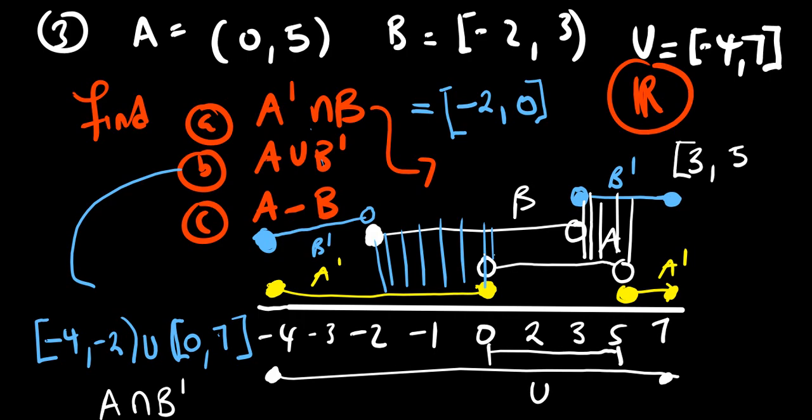Okay, then is 5 included? 5 is found in B, but it's not found in A. So I'm going to open, because we're trying to find the intersection between the two. So here I open. So this will be the solution for that one.